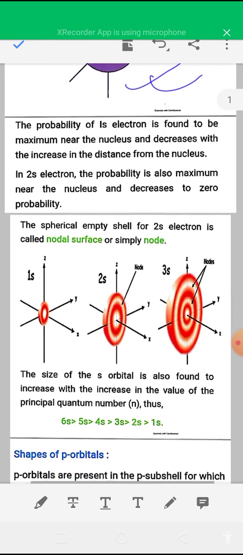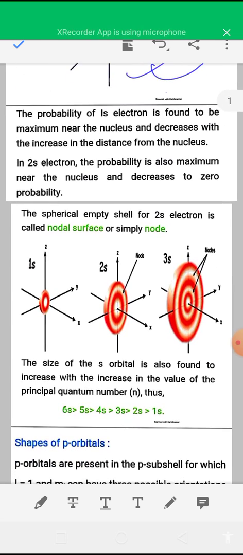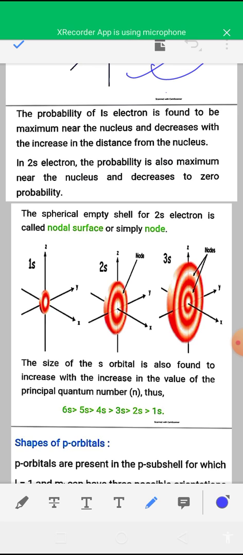Now see the size of different types of s orbitals. This is the 1s orbital, 2s orbital and 3s orbital.